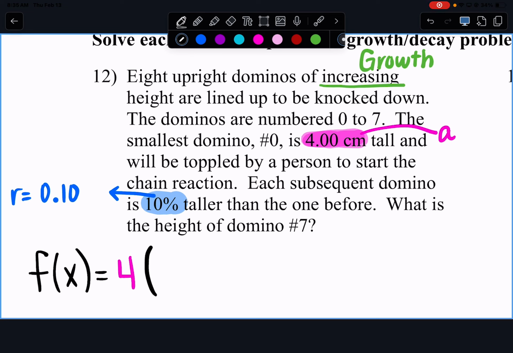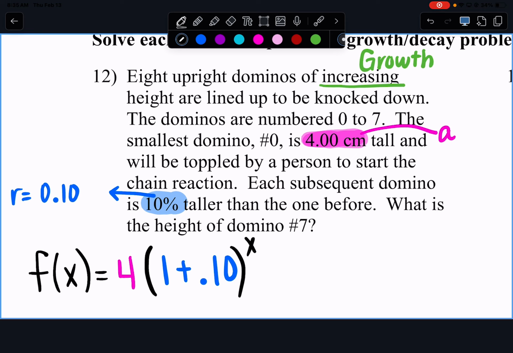If it gives us a rate, we have to use the 1 in there. We can't just multiply it. In this case, it gives us a rate, and we're looking at growth, so we have to say 1 plus our rate. We have to do that, otherwise your answer will be entirely wrong. So for this one, we will do 1 plus 0.10 to the power of x.